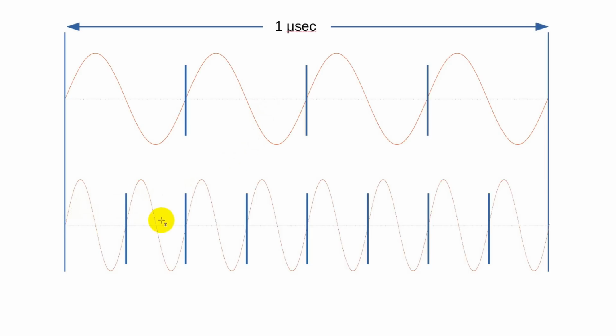Now look at this one down here. It completes 8 cycles in 1 microsecond. So it's an 8 megahertz wave. The upper one's 4 megahertz, this one's 8 megahertz. Notice right away, the wavelength goes from the positive going zero crossing to the positive going zero crossing and is this long right here.